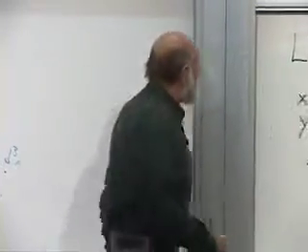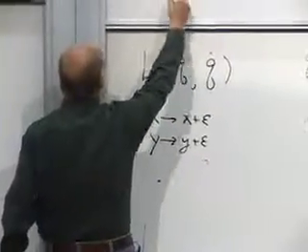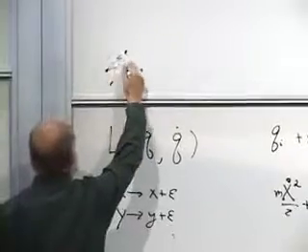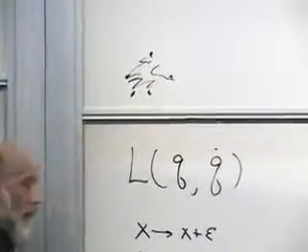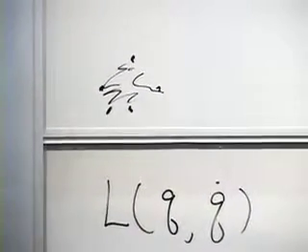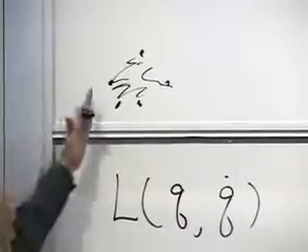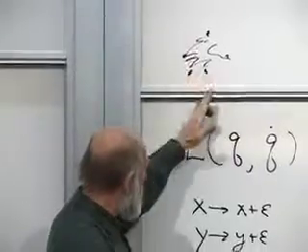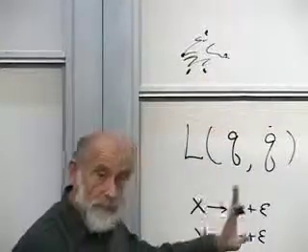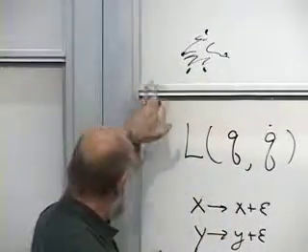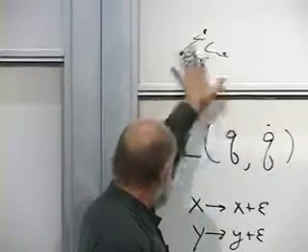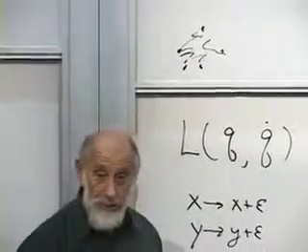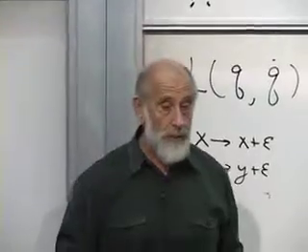Supposing I have some system of particles interacting with various kinds of forces and so forth. As I illustrated here, one symmetry is to shift the position of everything, shift in the x direction, shift in the y direction, shift in the z direction. As long as the potential energy only depends on differences, then again, this will be a symmetry.